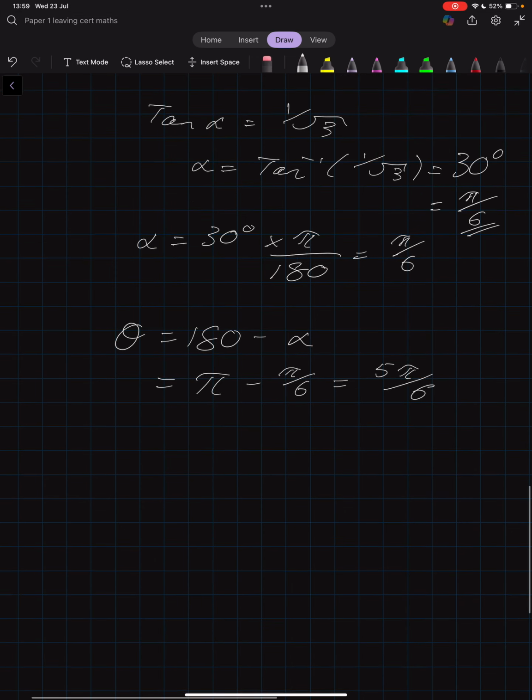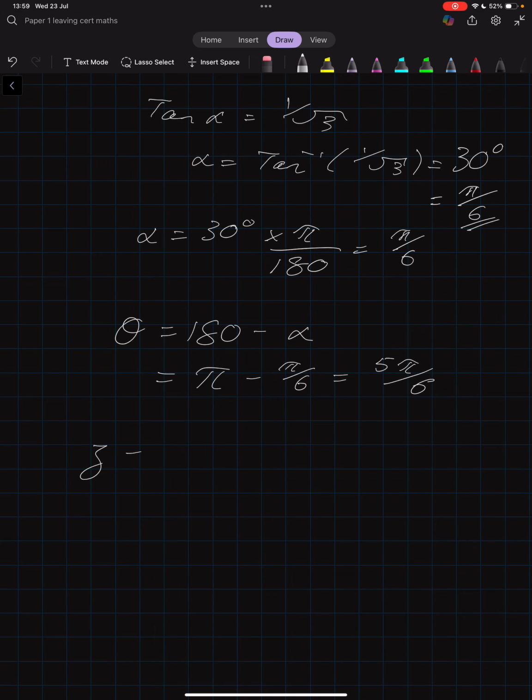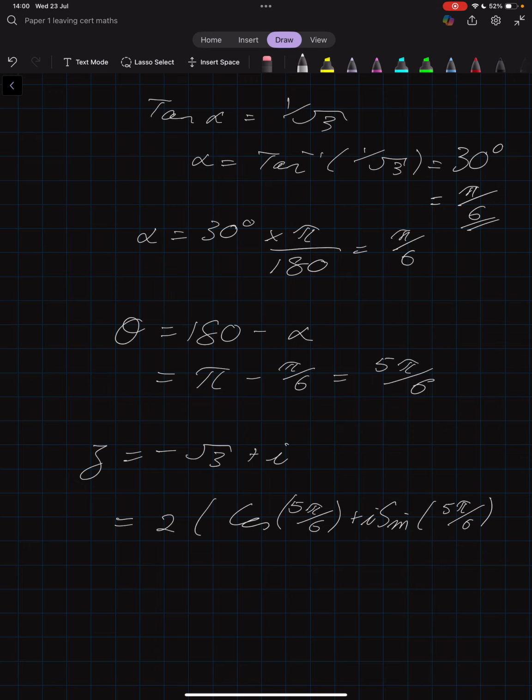Okay? So z, which is minus root 3 plus i, is also equal to 2 times cos of theta, which is 5 pi over 6, plus i sine 5 pi over 6. So this and this are the same thing.